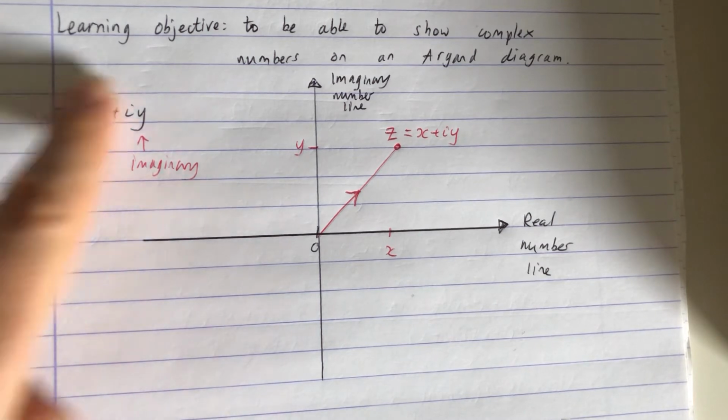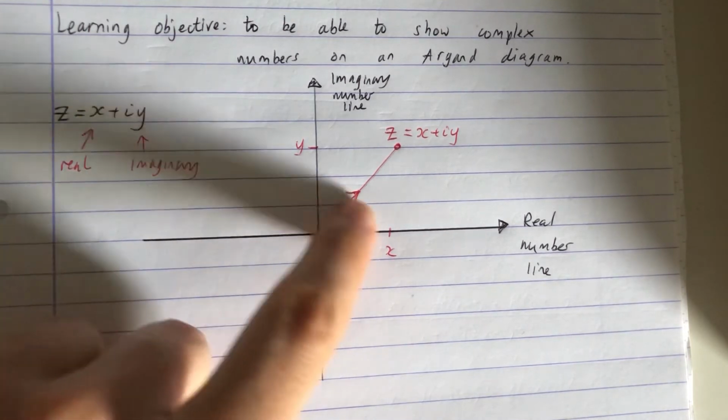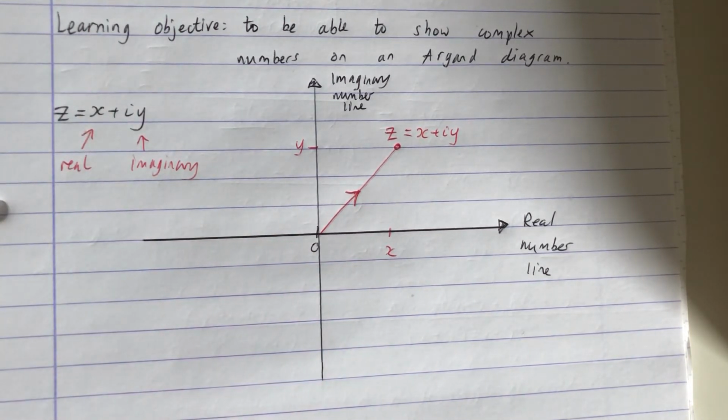Now, for any polynomial equation, so quadratics, cubics, quartics, etc., you can make up any of them, and I guarantee every single answer is something you could point to on this two-dimensional grid. So there's no need to ever say no real answers anymore.